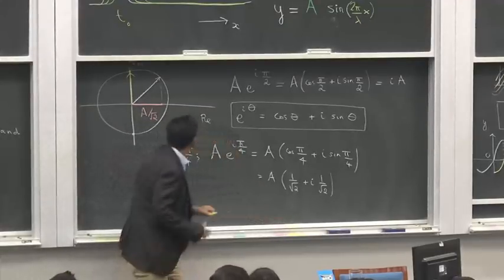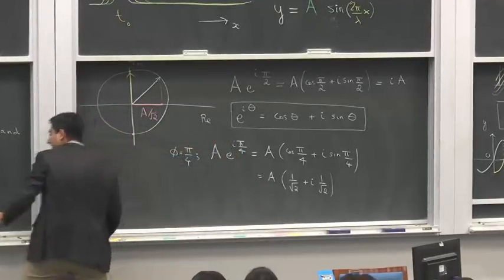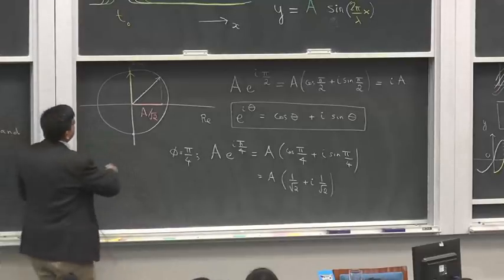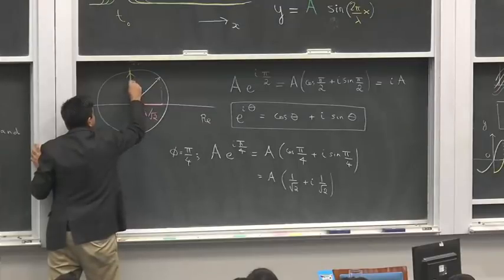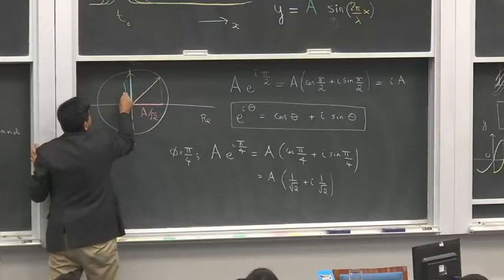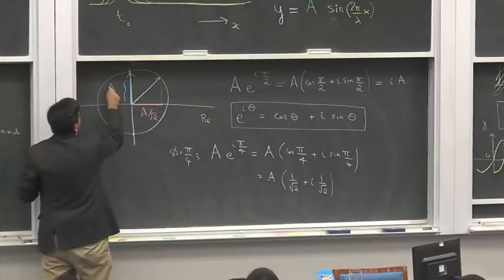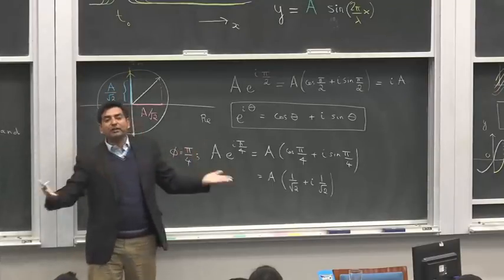And if I took the imaginary component, which means I project onto this axis, then this length is A over under root 2, but along the imaginary axis.